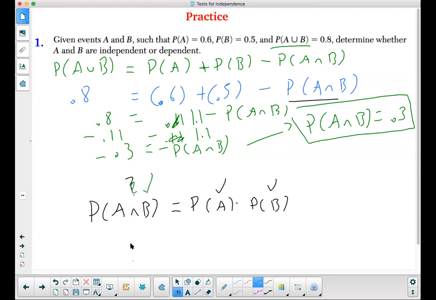We substitute them in to do the test. Does 0.3 equal 0.6 times 0.5? Well, what do you guys think? Yes, 0.6 times 0.5 is 0.3.